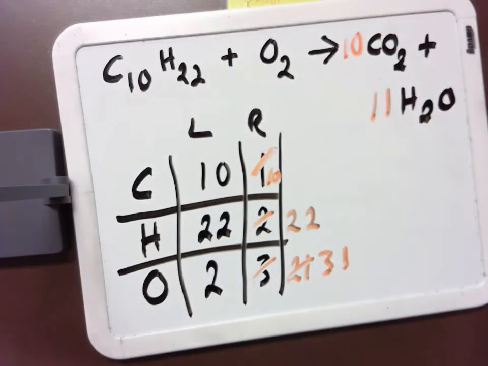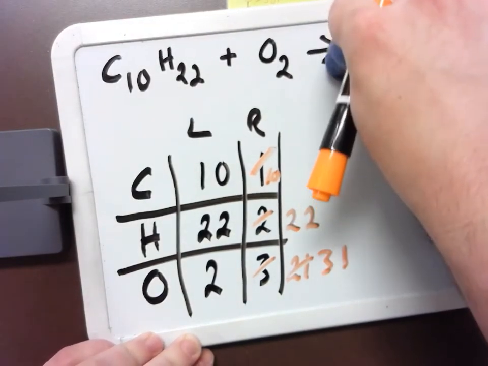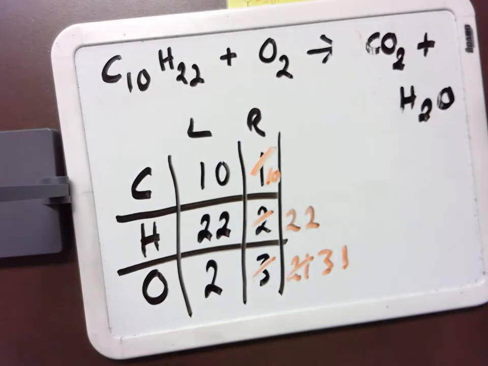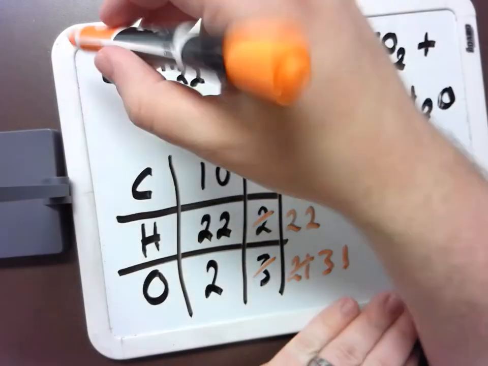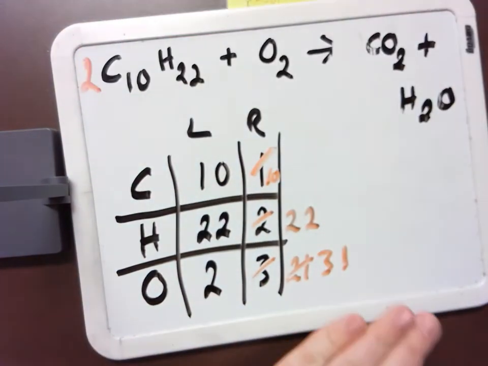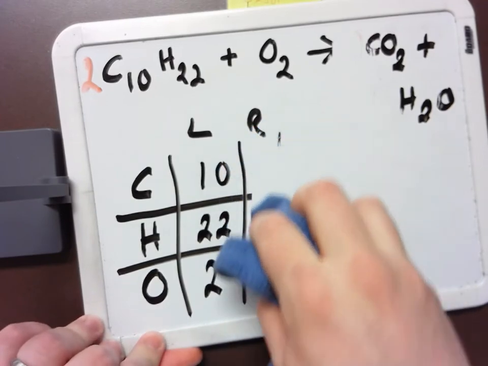Alright, so let's try it. Let's erase our answers, because that didn't work. This is why we do it in pencil. So the only other option is to multiply our biggest numbers by 2. So we might as well erase this entire thing.